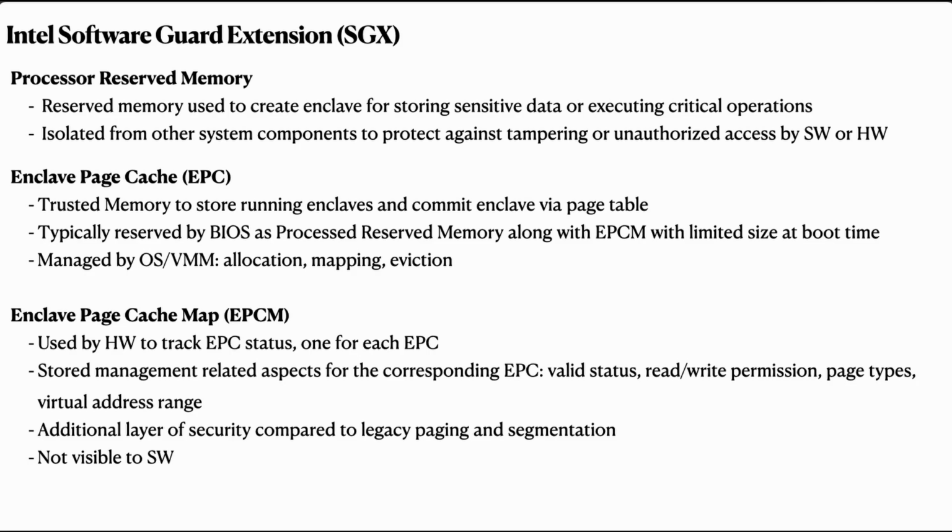By employing EPCM, an additional layer of security is provided compared to the traditional paging and segmentation method, as it does not rely on the trustworthiness of the operating system. This hardware-based approach ensures that the EPCM is not directly visible to software, hence improving the overall security of the enclave memories.